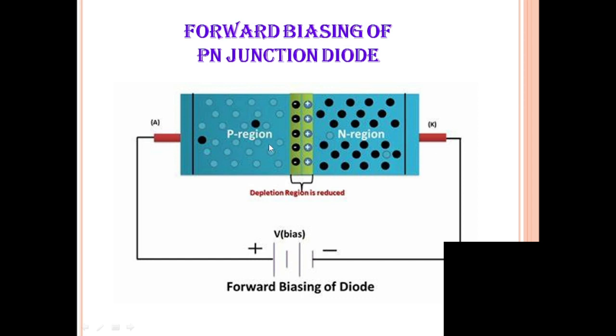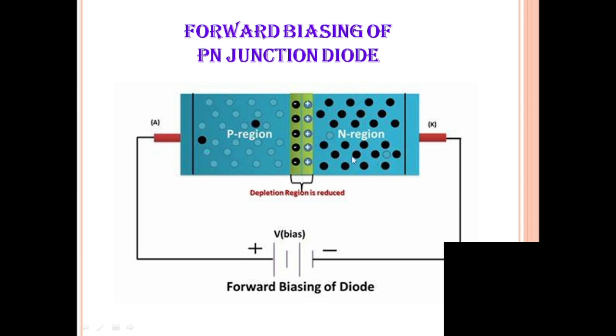Whenever the holes in the P region move towards the junction, at the same time the electrons in the N region move towards the junction. Continuously the holes move towards the N region and the electrons move towards the P region, and electron-hole pairs are formed. At that time the depletion region is reduced because of the repulsion of holes by the battery's positive terminal, and of N region electrons by the battery's negative terminal.